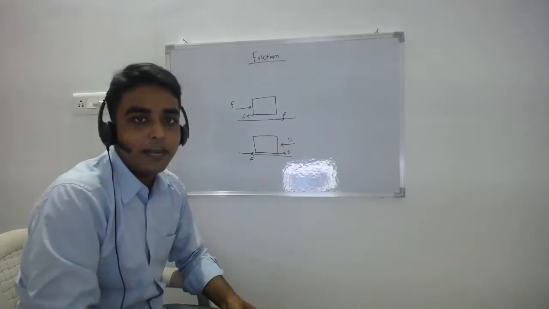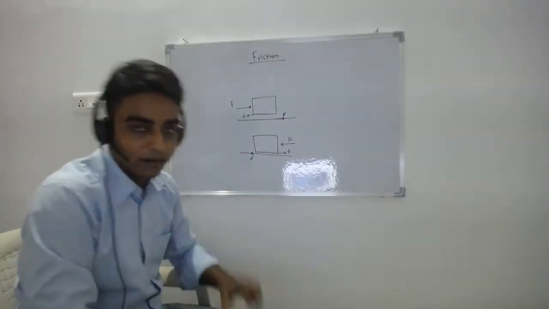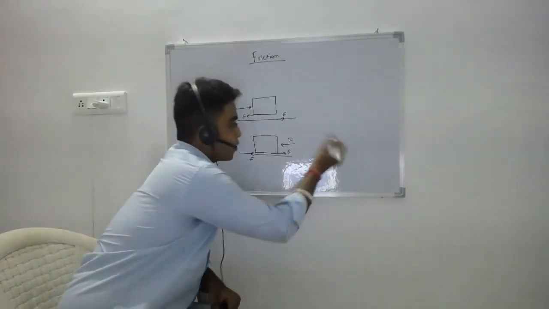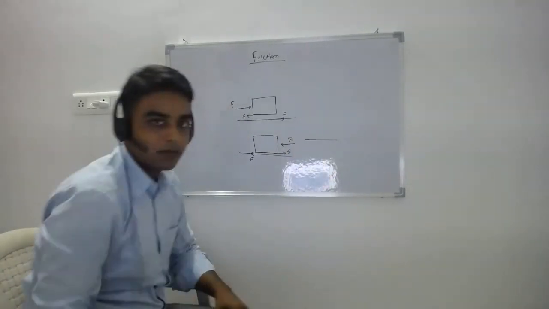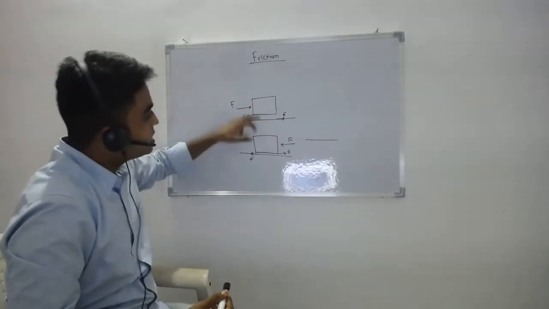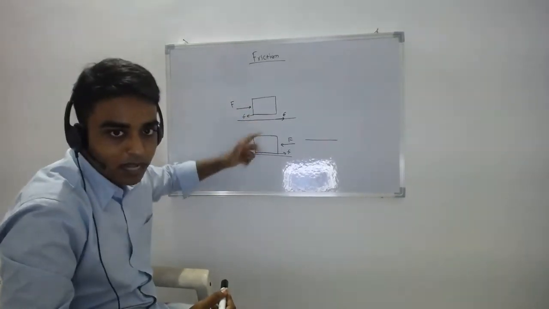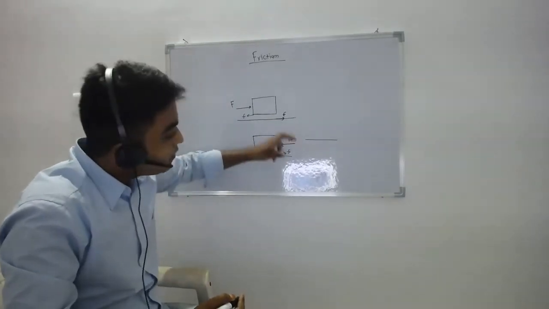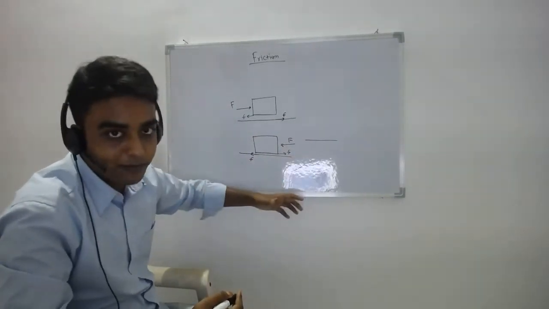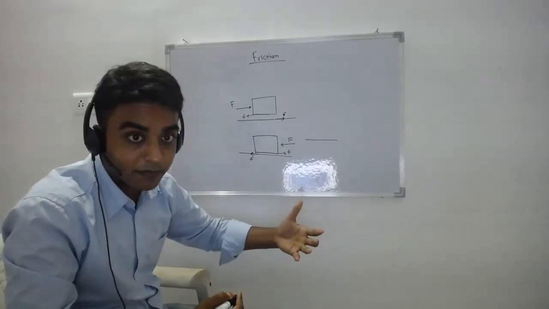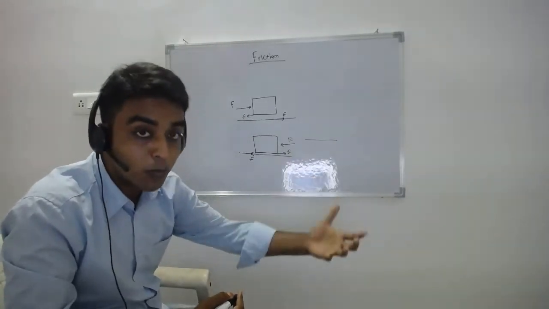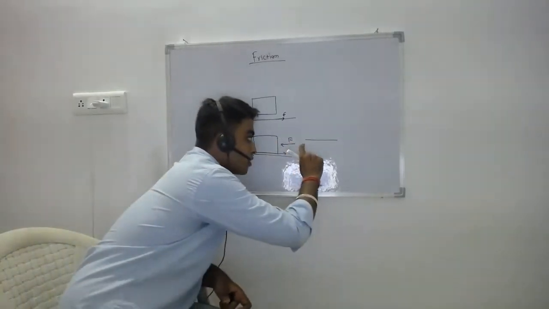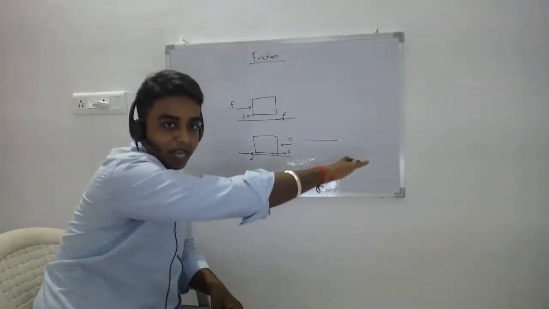Now, let's study rough surfaces in detail. Normally, we draw the surface like this: this is the object, this is the surface of the ground. But now, when we see the surface at the electron microscopic level, what we'll find out is that the surface is no longer smooth and plain.